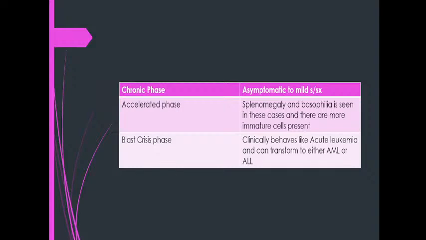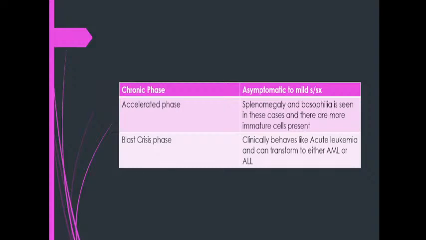They don't appear to have a problem, and then after a certain time, specifically if they reach around 61 years old and above, you would begin to notice splenomegaly, then basophilia, and then immature cells begin to appear slowly.